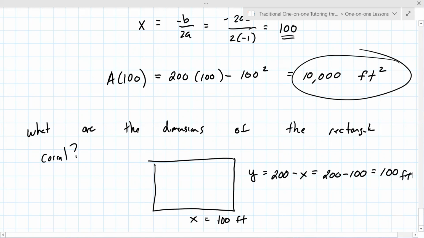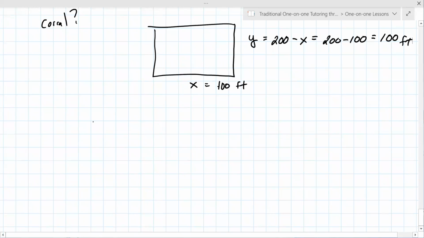So sometimes your instructor even expects you to say, in a sentence, the dimensions of the corral are 100 feet by 100 feet.